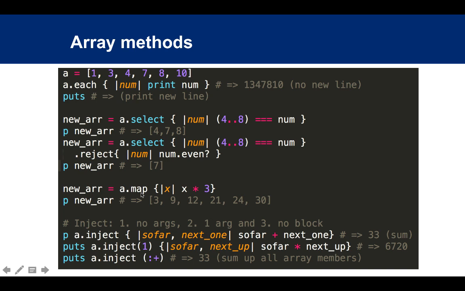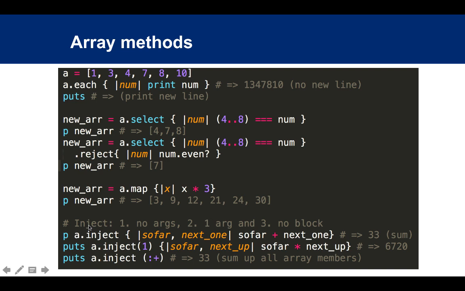And again, this would be very familiar to people doing functional programming, let's say in JavaScript or ES6. And basically you have 1, 3, 4, 7, 8, 10, and you say for each one of those elements, multiply by 3. So you get a new array that's 3, 9, 12, 21, 24, and 30.